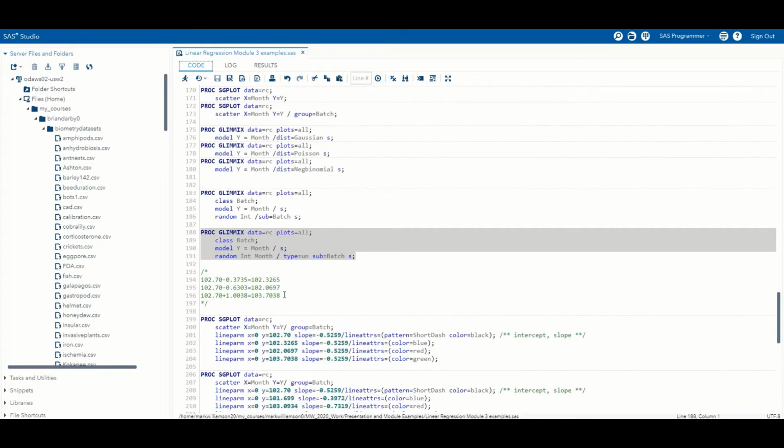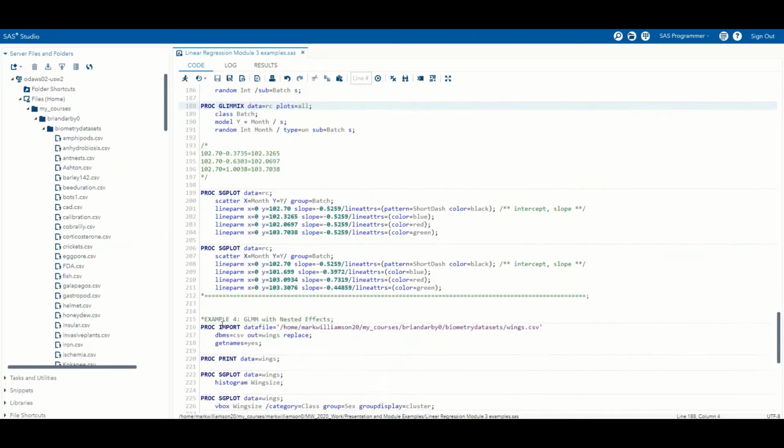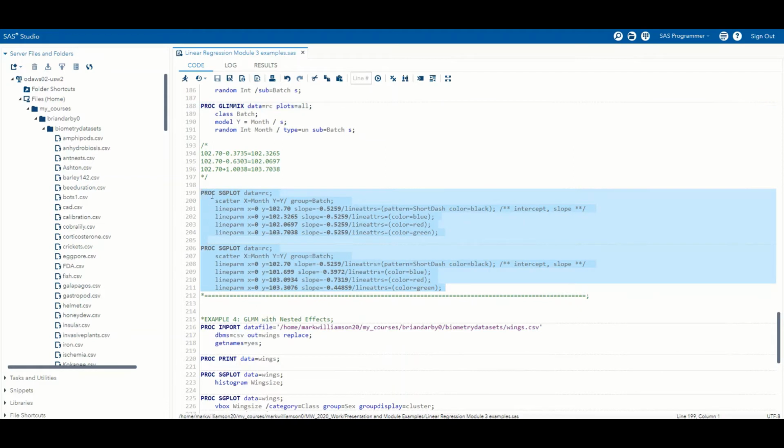What I did here is I made plots. We're going to look at plots for both this and this model. We're going to add lines for the different random effects categories.